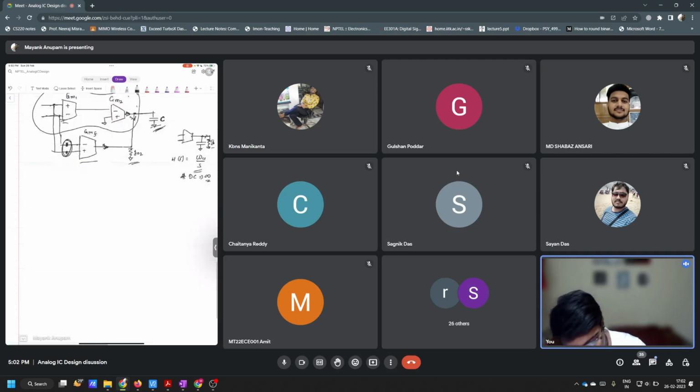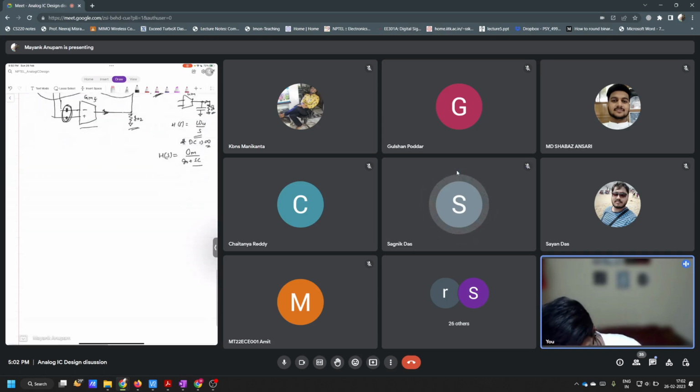But because of this g naught here, now the DC gain will drop, isn't it? It will be, let's make it, gm upon g naught plus sc, right? And now at DC, the gain is what? Gm by g naught. It is not infinity now, isn't it?